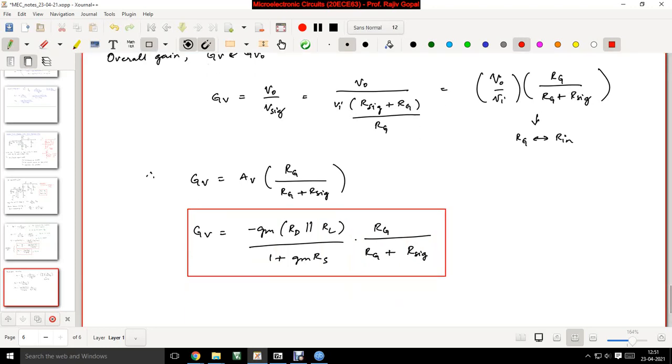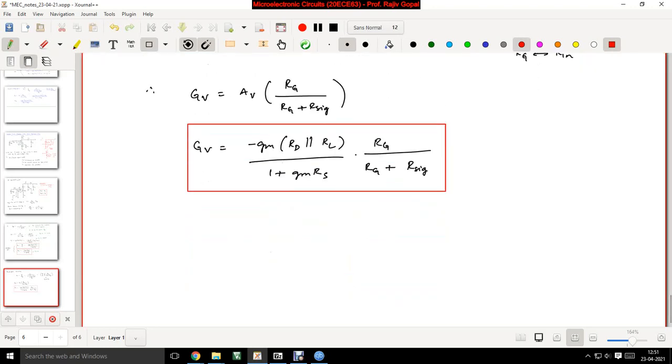Now if I find GV naught, all I have to do is remove RL. So GV naught is minus Gm RD divided by 1 plus Gm into Rs, into Rg by Rg plus Rc.